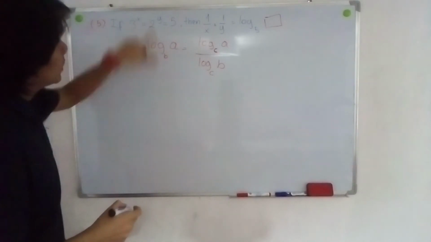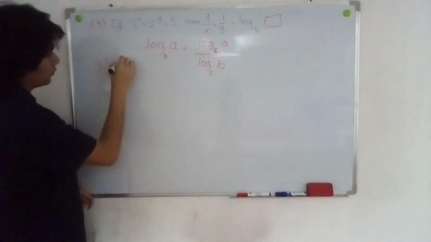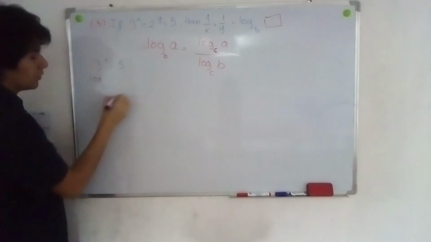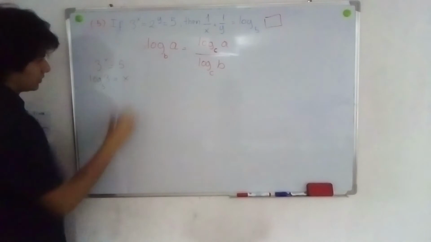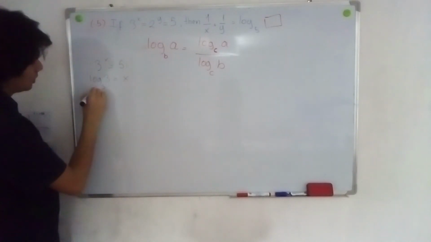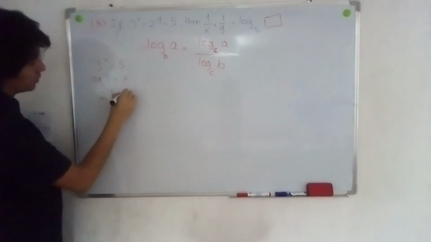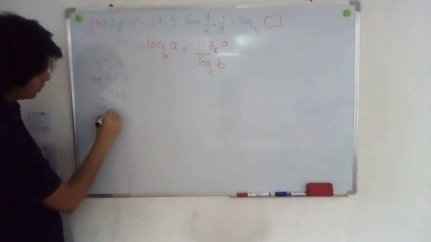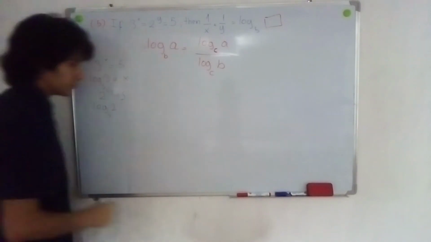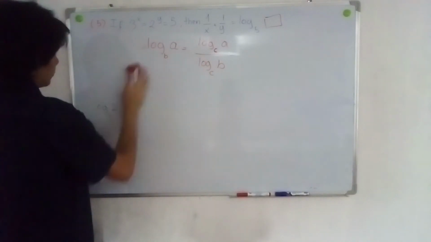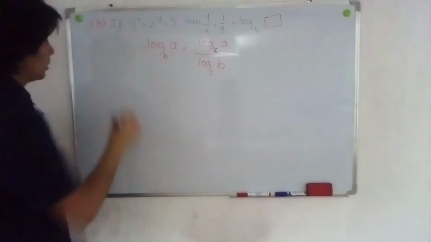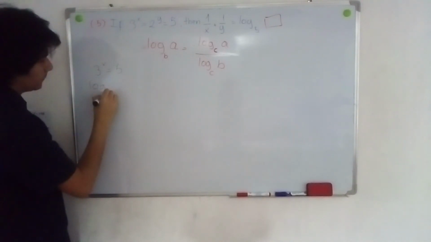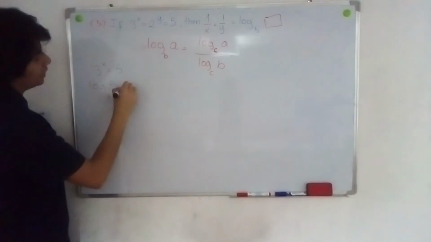So 3 to the x is equal to 5. Then logarithm with base 3 of 5 is equal to x.